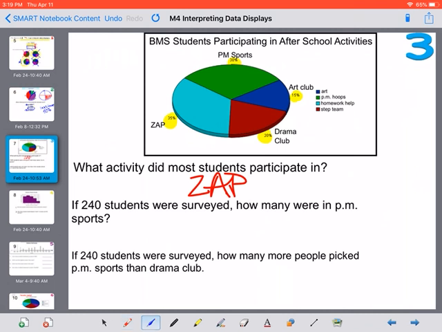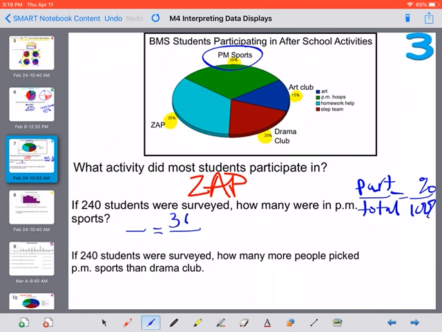It says if 240 students were surveyed, how many were in PM Sports? PM Sports was 30%. This is a percent problem where we set up a proportion. Remember, part out of total, and percent out of 100%. So we're looking at 30% out of 100%, and the total number surveyed was 240. We want to figure out the part that were in PM Sports.